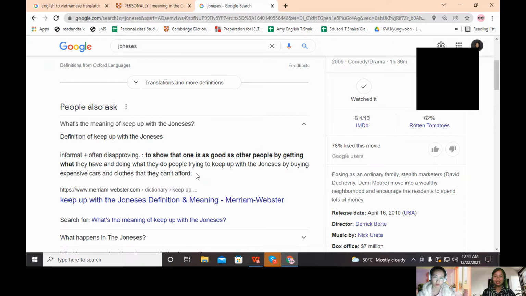This is what I said earlier about crab mentality. Like when you have something new, I also have to buy something new too. So crab mentality is like the opposite of keeping up with the Joneses.